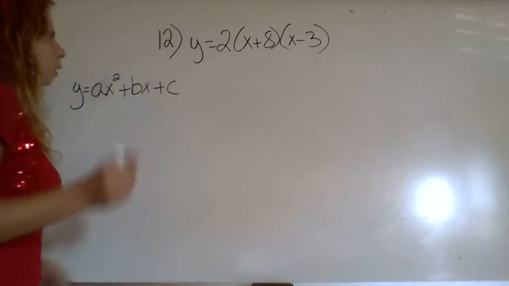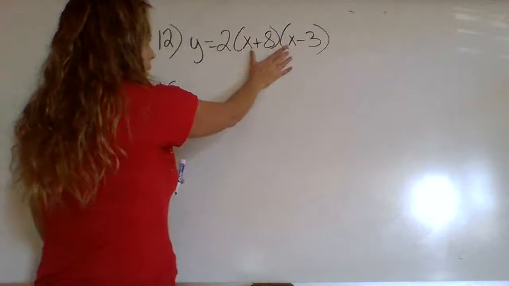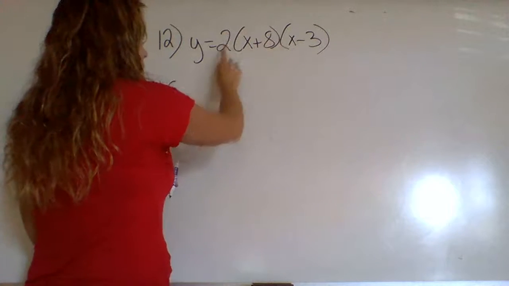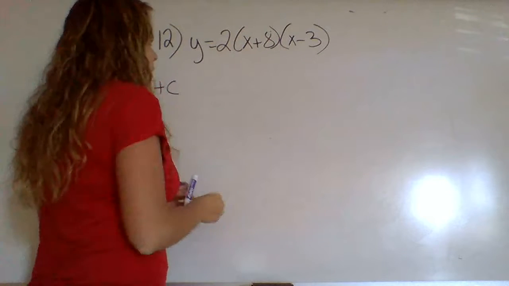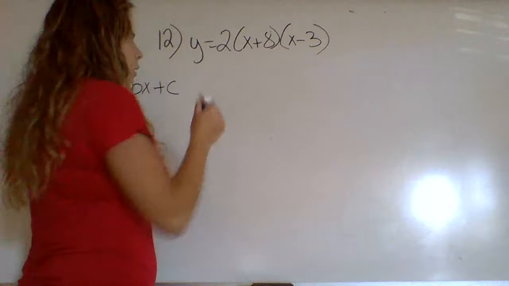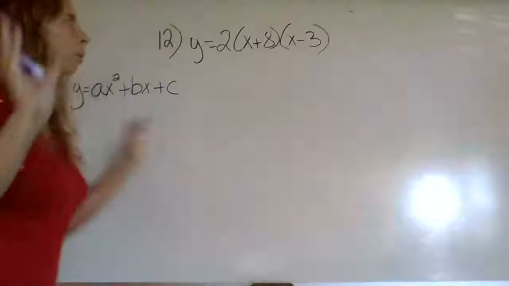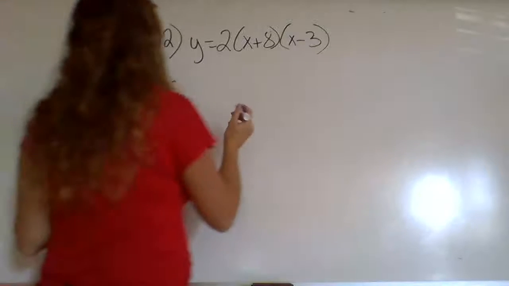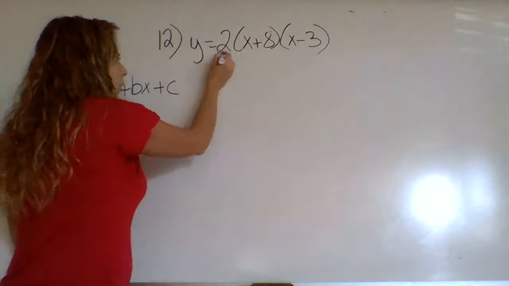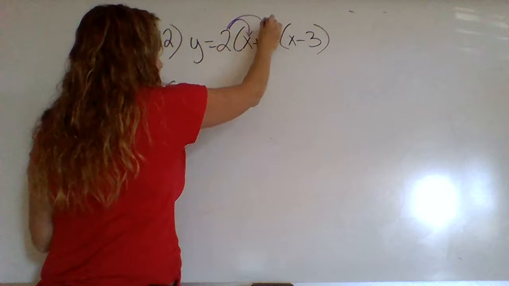Couple things. You could either multiply these first, or you can distribute the 2. But make sure you don't multiply everything by the 2. We'll do it both ways. If you want to get rid of your 2 first, you're going to distribute it into your first set of parentheses.